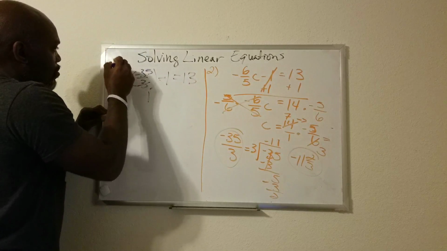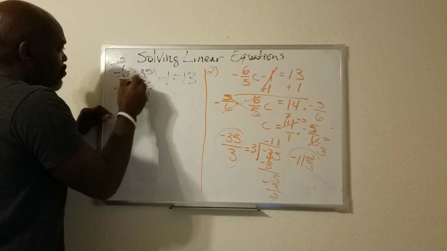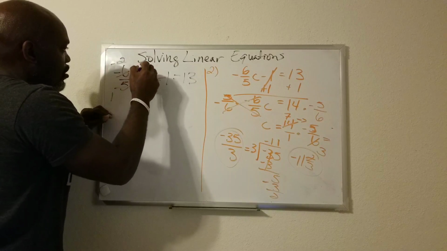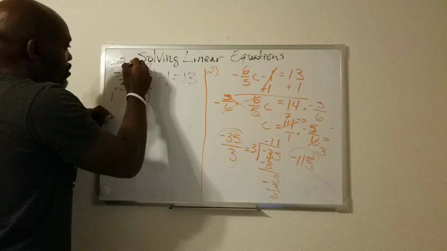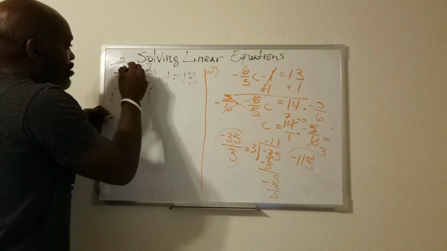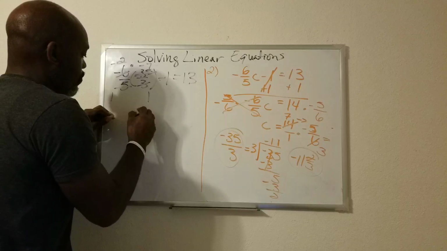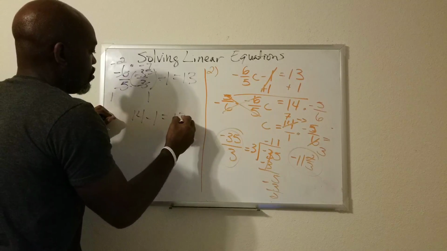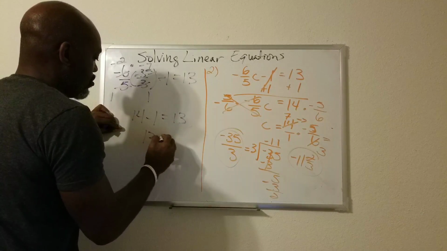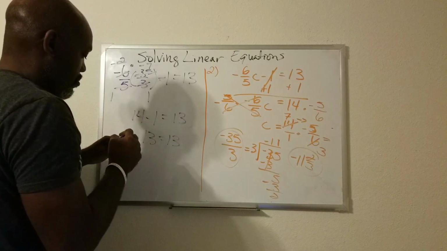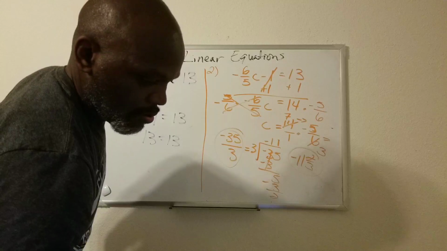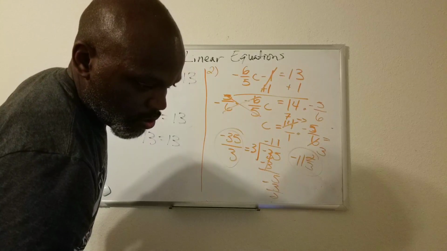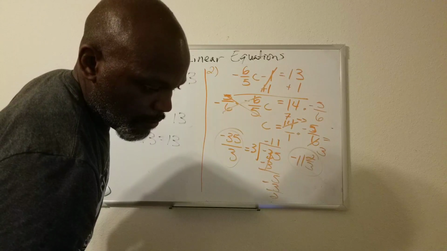So this becomes negative 2. Reduce this by 5. This is 1. This is negative 7. Negative 2 times negative 7. That gives me 14 minus 1. 14 minus 1 is 13. And that's your answer. Okay? Your solution set, as some people would say.